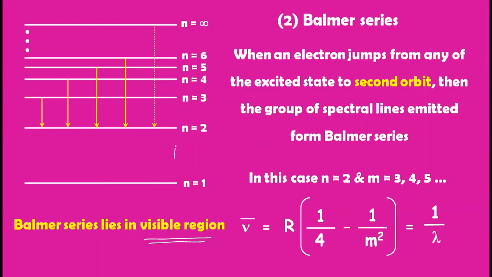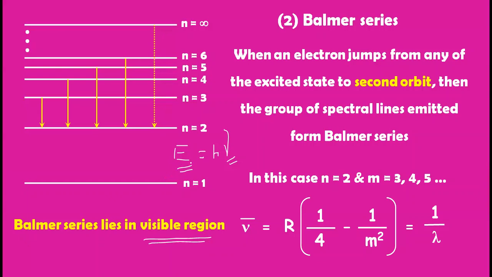The energy of a photon is given by E equals h nu. The frequency of the photon or spectral line emitted depends upon the energy of the photon. The final transition, when the electron jumps from the infinite orbit to the second, or infinite orbit to the first as in the case of Lyman series, will possess the largest energy.